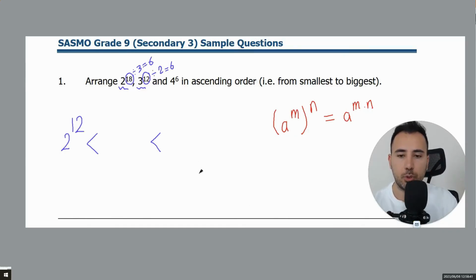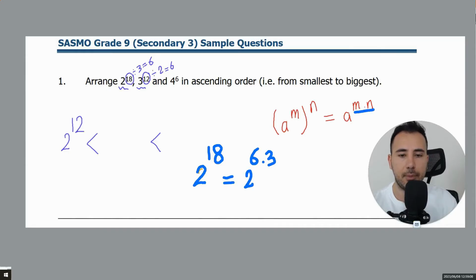Okay, 2 to the power of 18. So I want to write it, I said we need to divide this by 3. I will write it as 2 to the power of 6 times 3, which is going to be this part.